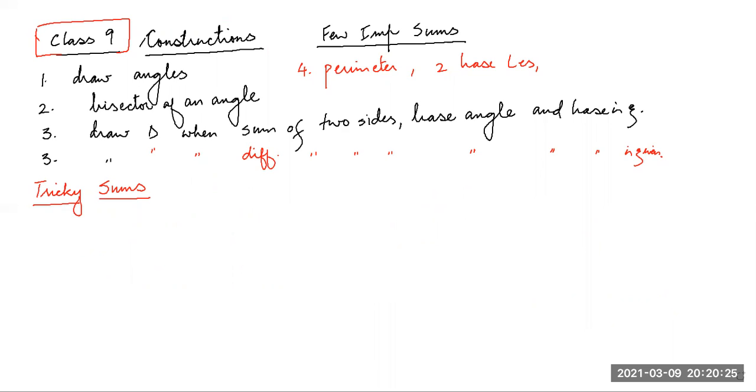All right, so this is important. Let's say the sum of two sides, base angle and base is given. Let me write whatever is given. We have been given the sum of two sides, so let's say those sides are A plus B. Let's say the other side is C, that is also given, and a base angle is given.